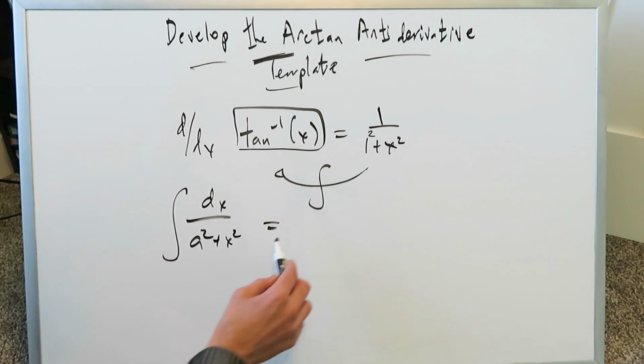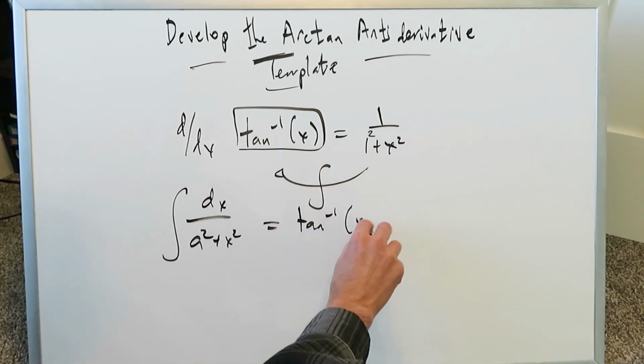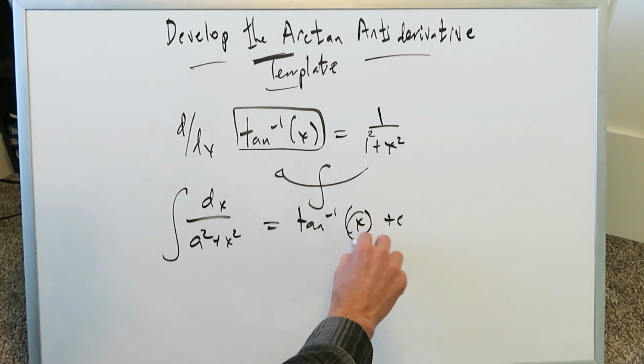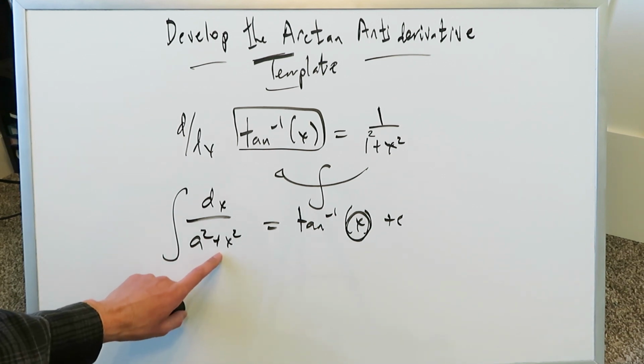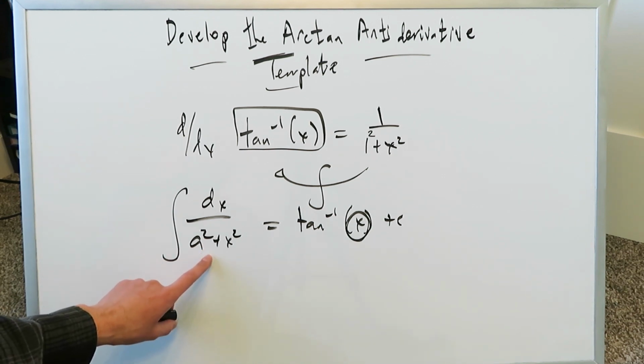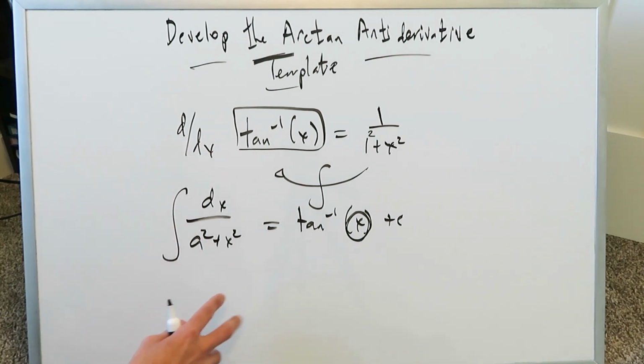Therefore, there must be some template out there which will bring this arctan antiderivative, and you would have some sort of value here. Whatever this value might be has to be examined, and you would arrive at this much quicker than doing the trigonometric substitution technique, bringing in the trigonometric identity tan squared x plus 1 equals secant squared x, and doing all of that substitution.